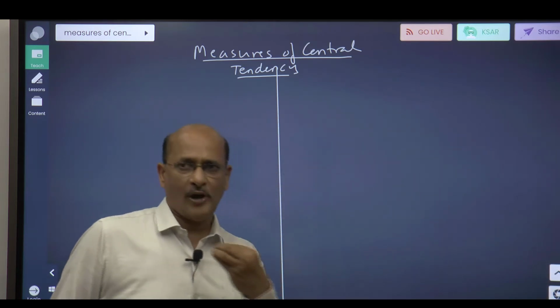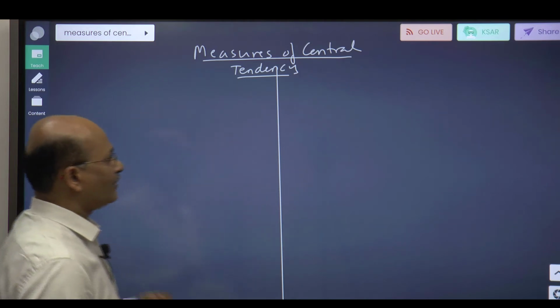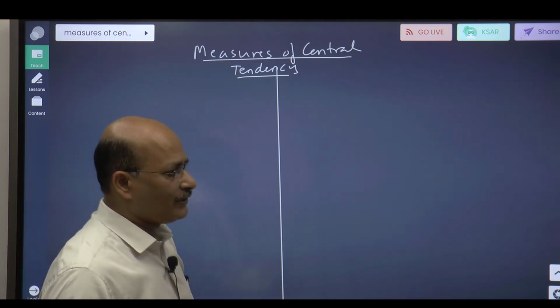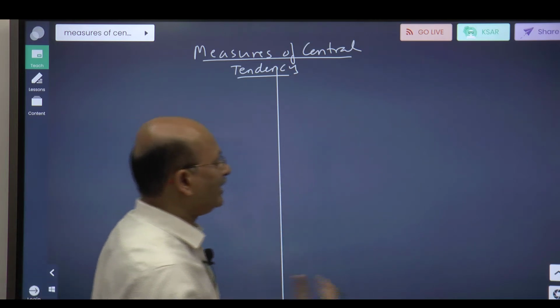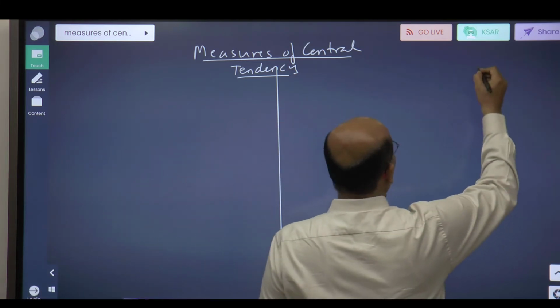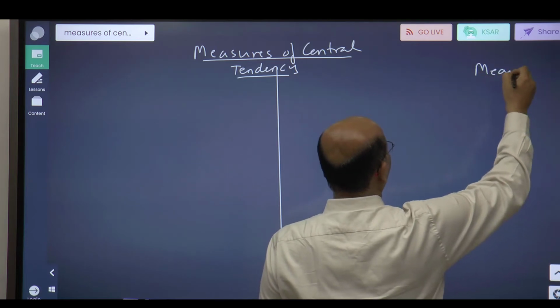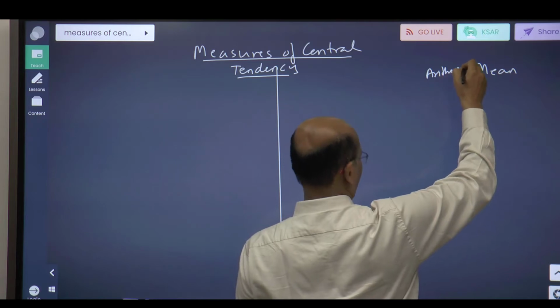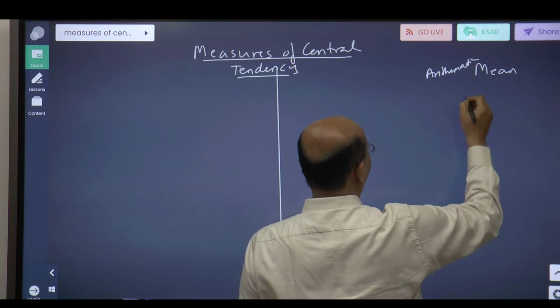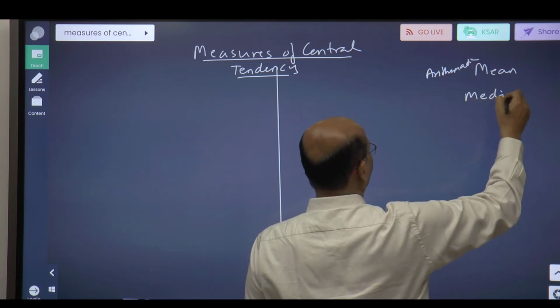Now, what was this point, measures of central tendency? Measure of central tendency means we are finding averages. So, there are different averages which you have studied: mean, also sometimes called arithmetic mean, then median and mode.